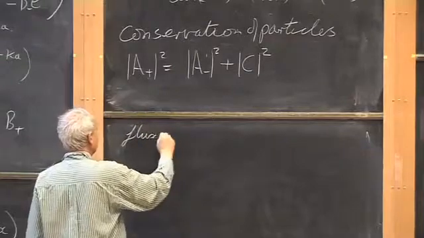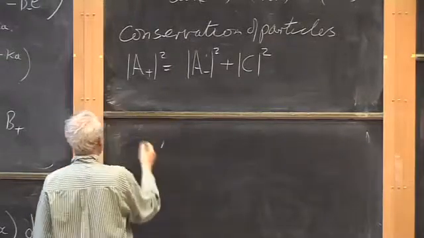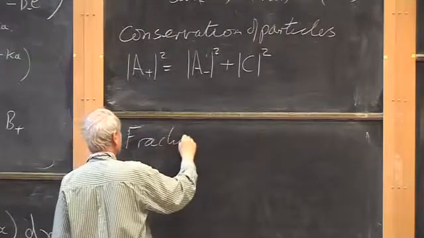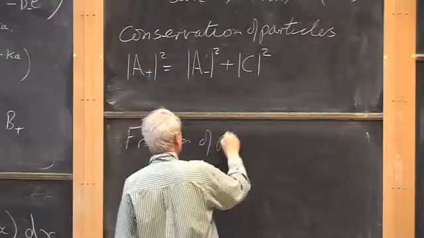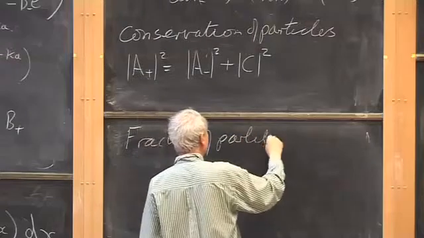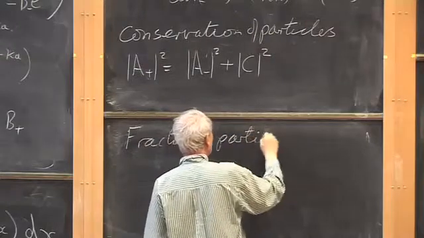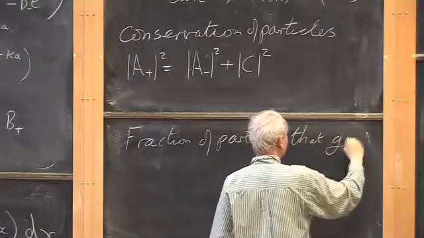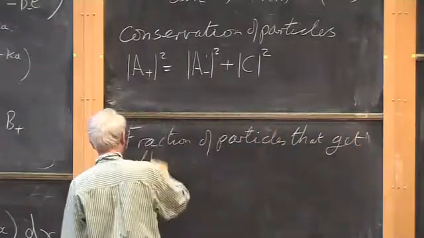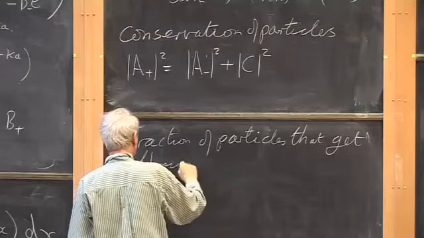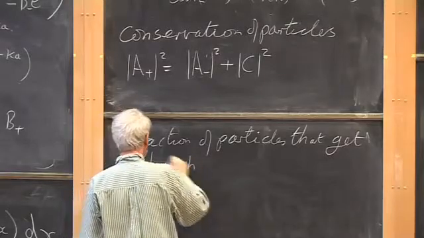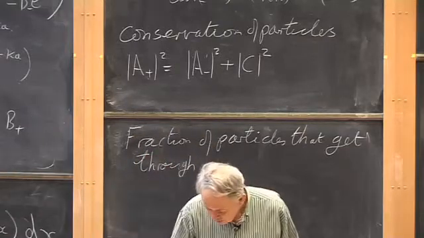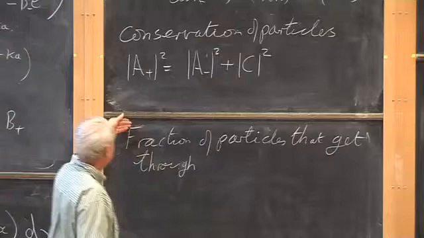So what we want to say is the following: the fraction of particles that get through is obviously the ratio of the outgoing flux to the incoming flux.